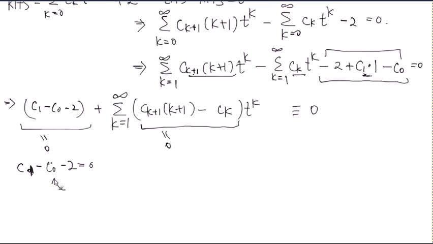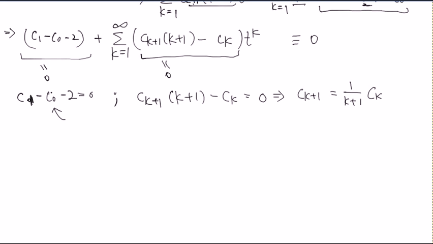So if I know c0, that determines c1, right? Recursive, that's right. If you set that one to 0, (k+1) c_{k+1} minus c_k is supposed to be 0, correct? So you have c_{k+1} is equal to 1 over (k+1) times c_k.